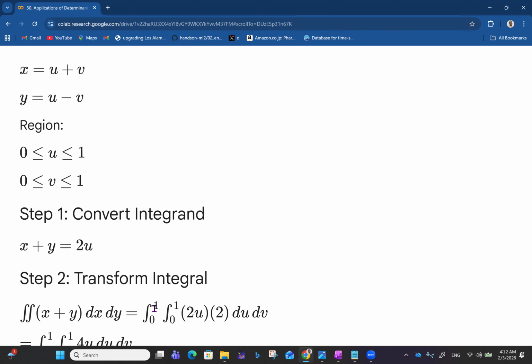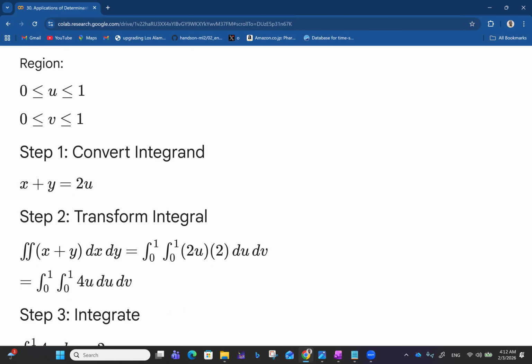Everything boils down to the integral from 0 to 1, integral from 0 to 1 of 2u times 2, that's 4u du dv.